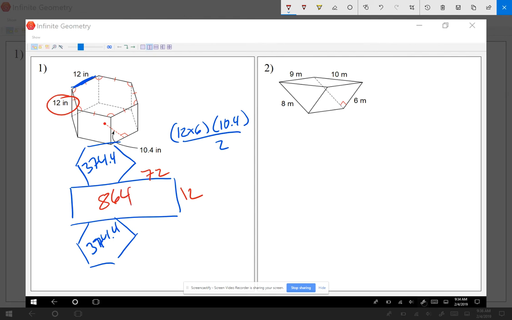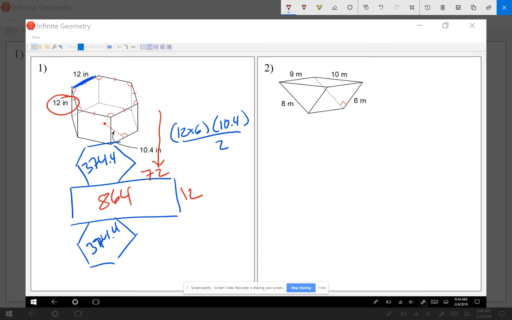The perimeter of the base. Each side is 12, and there's 6 of them, so 12 times 6. So now I have the 3 numbers. Yes. Let me explain this once again. The 72 is the perimeter of the base.